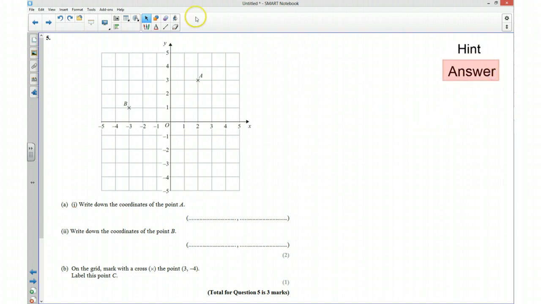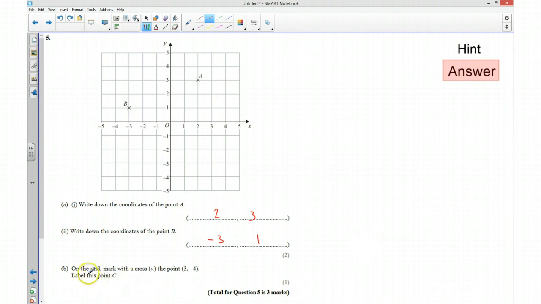Okay, well done if you did that. I'll do this quite quickly. So we've got the coordinates of point A, that's going to be along the corridor 2 and up the stairs 3, so that's going to be 2, 3. We want to then write down the coordinates of point B, that's along the corridor, and this time we're going in this direction, so it's going to be -3, and then we go up the stairs 1, so that's going to be -3, 1.